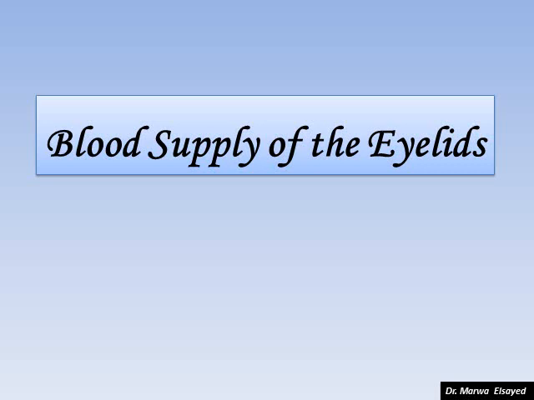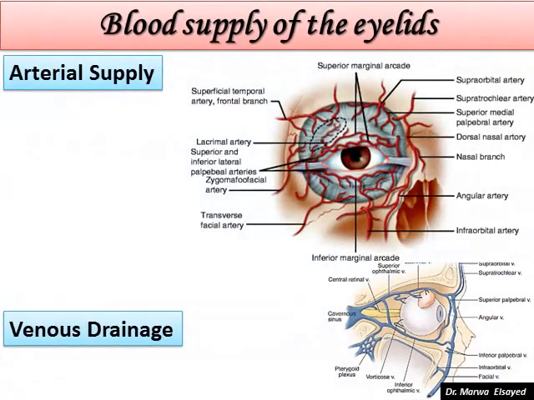Blood supply of the eyelids. When we talk about blood supply, I mean arterial supply and venous drainage. The arterial supply of the eyelid is mainly from two arteries, the lateral palpebral artery and the medial palpebral artery.